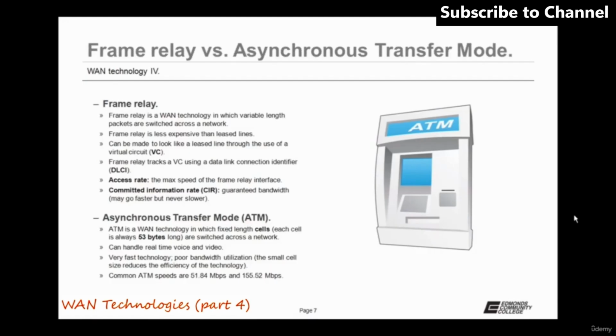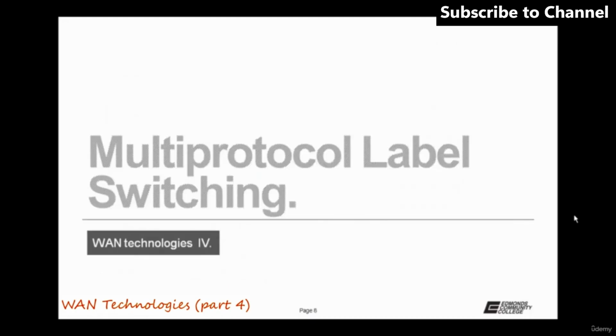The small cell size reduces the efficiency of the technology, but ATM is very fast even if it is inefficient. Common speeds on an ATM network are 51.84 megabits per second and 155.52 megabits per second.